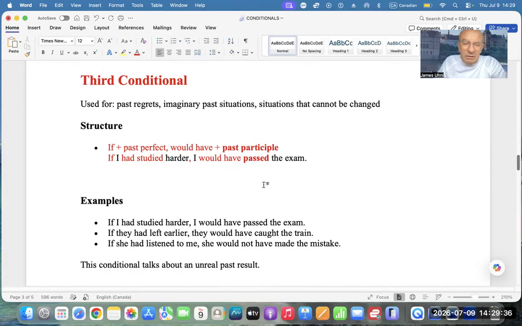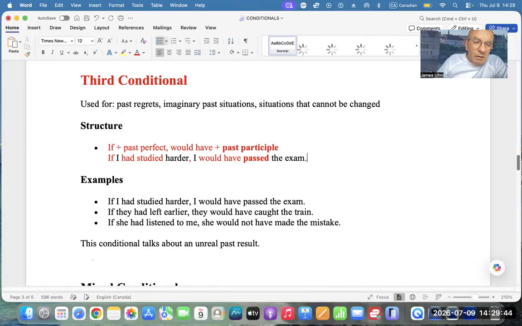Again, this is something that as you study it separately, your teacher will explain it to you better. Or if you require, just send me a message and I will make a video just for you and explain only third conditional. Because it's not easy. I know it's not easy.